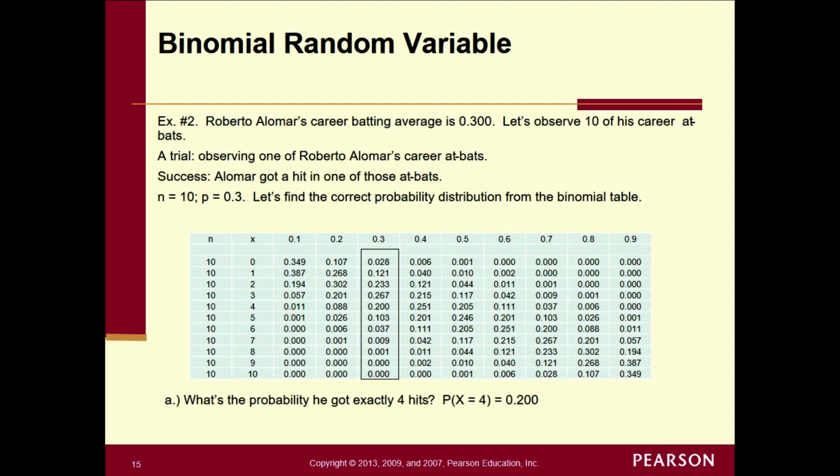And if his career batting average was 0.3, that is probably going to be pretty stable throughout his career, I would guess. And then the trials are independent of one another. What does that mean? By the time he got to the majors, he's probably not learning a whole lot.